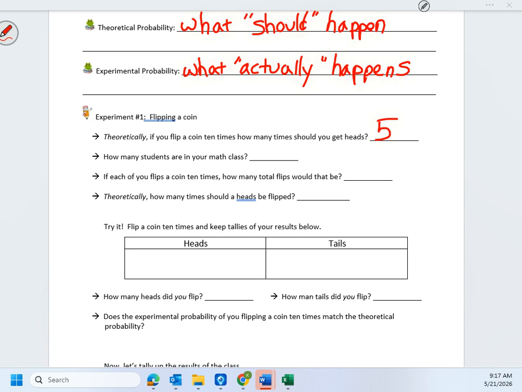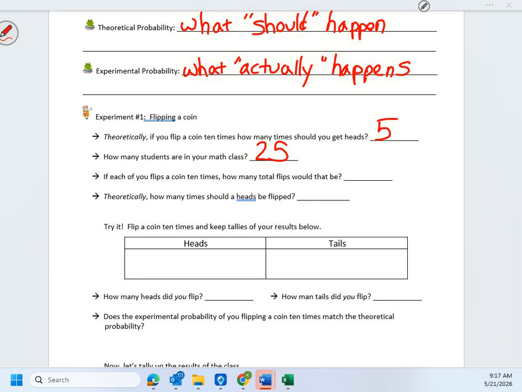So how many students are in class today? We have 1, 2, 3, 4, 5, 6, 7, 8, 9, 10, 11, 12, 13, 14, 15, 16, 17, 18, 19, 20, 21, 22, 23, 24, 25. So we have 25 in here today. If you each flip a coin 10 times, how many total flips would that be?